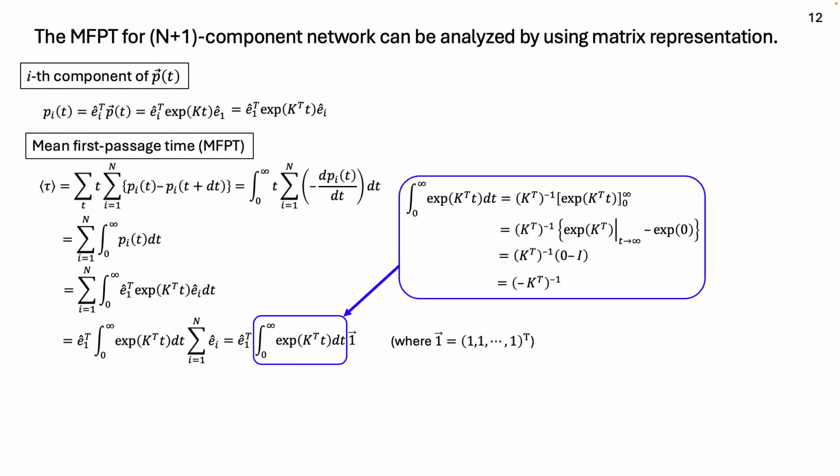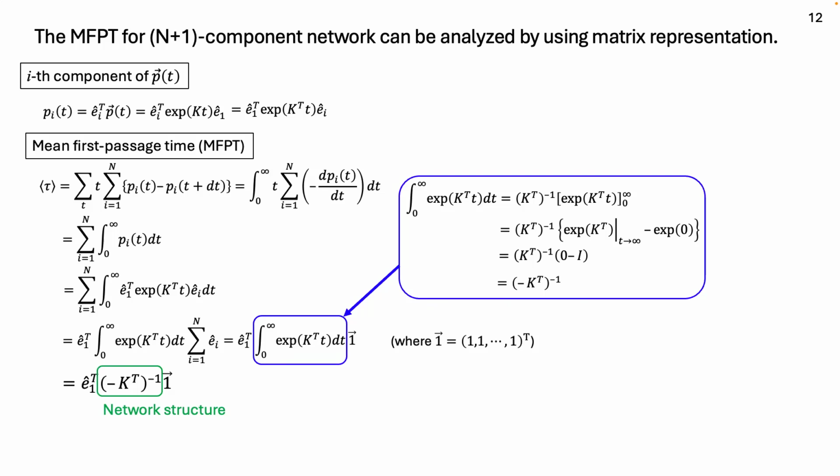And then this integration can be analyzed like here. So this integration is the inverse of minus K transpose. So the mean first passage time is simply the row vector times this inverse matrix and the 1 vector.